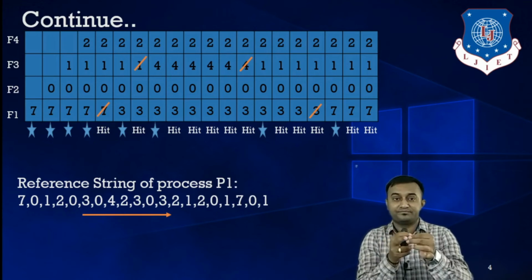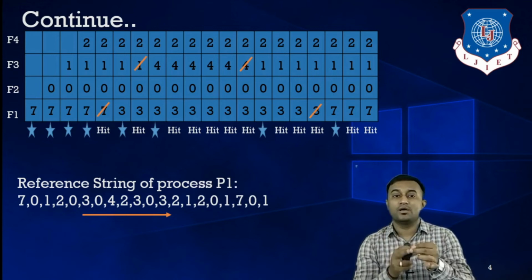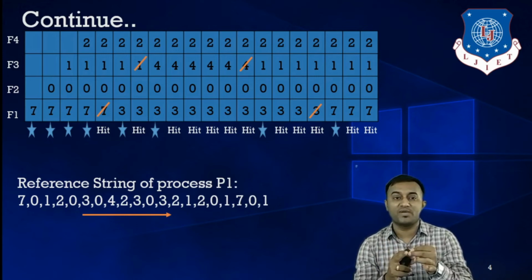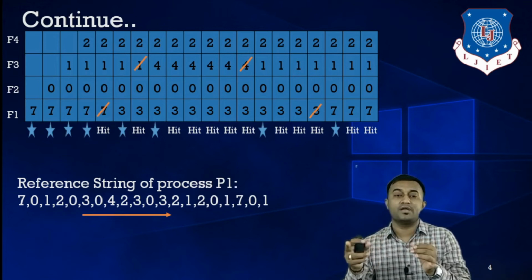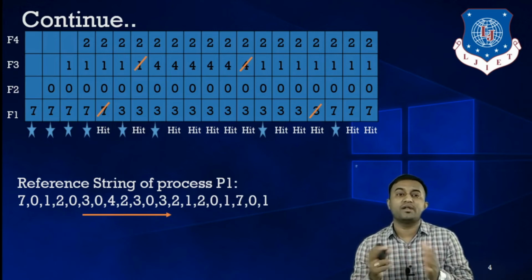So 3 would replace what? Page 0 is near to page number 3, so 0 would not be considered. Then the next page number, 2, is nearer to 3. Then page number 1 is again nearer to 3, and for page number 7, you can search, and 7 is located in the third last position of the reference string.